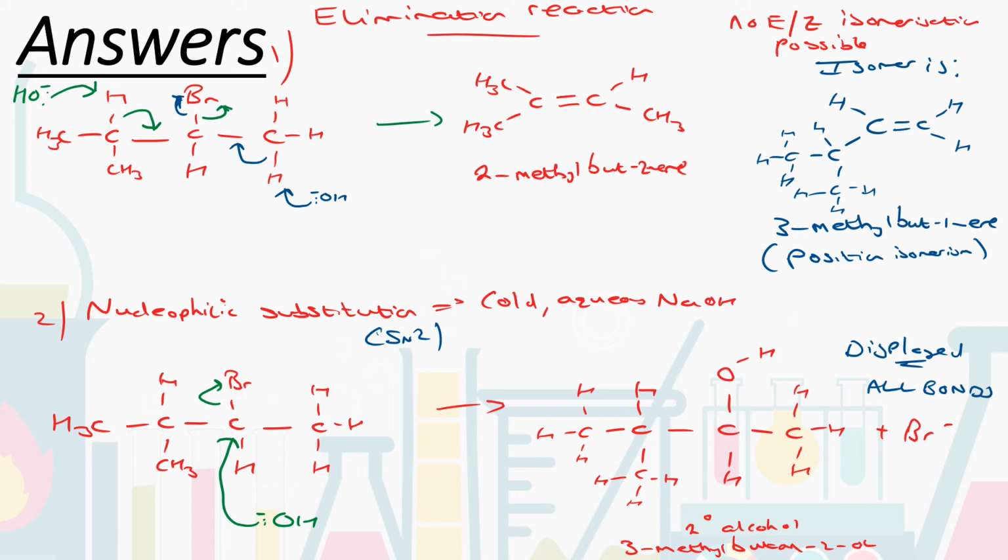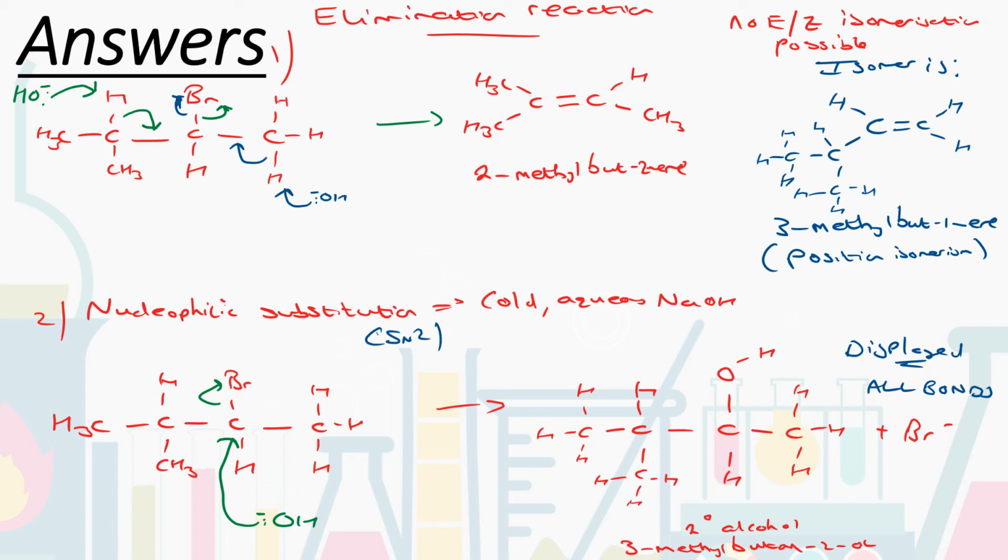Then our carbon can only have 4 bonds, so we have to break the carbon-bromine bond, an arrow from the centre of the carbon-bromine bond ending up on the bromine atom to make a bromide ion. So just drawing the displayed formula, we have our secondary alcohol, 3-methylbutan-2-ol, and again, displayed formula means drawing every single bond.